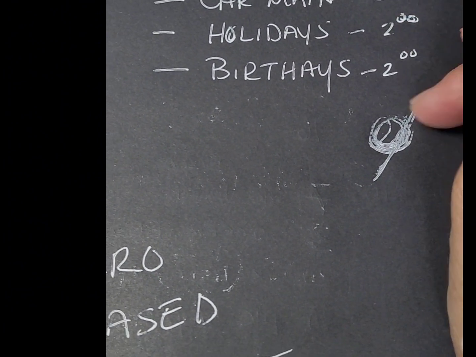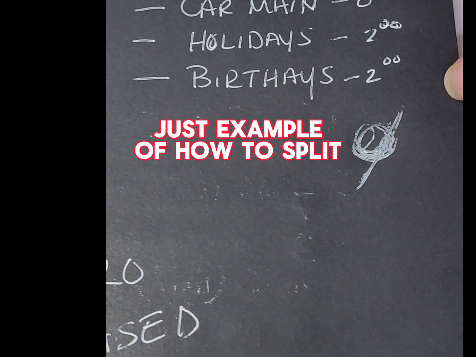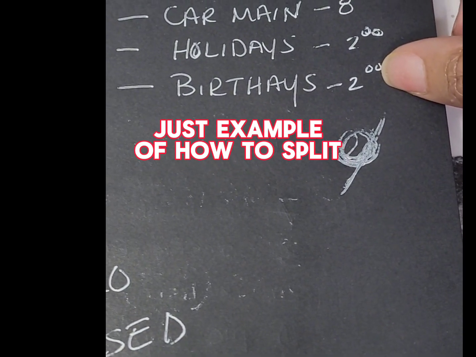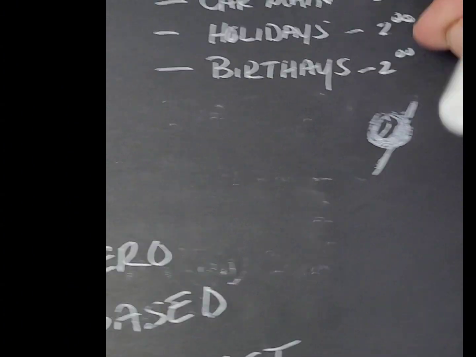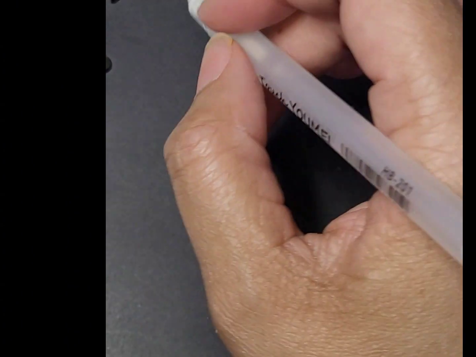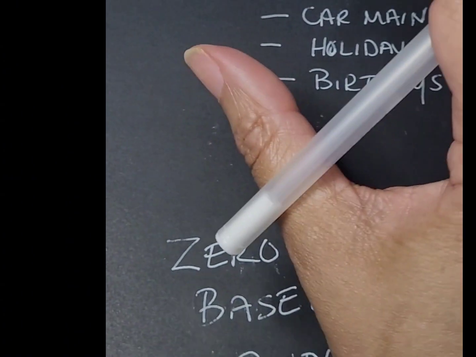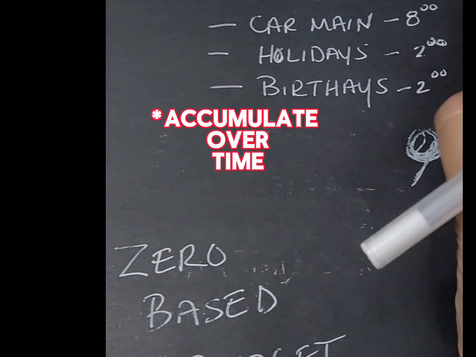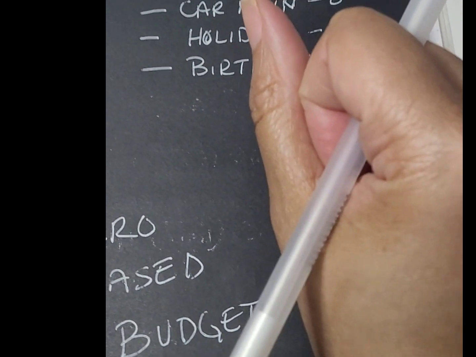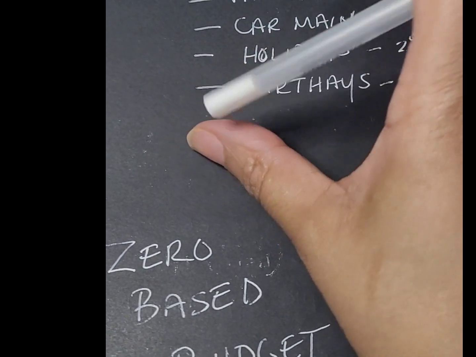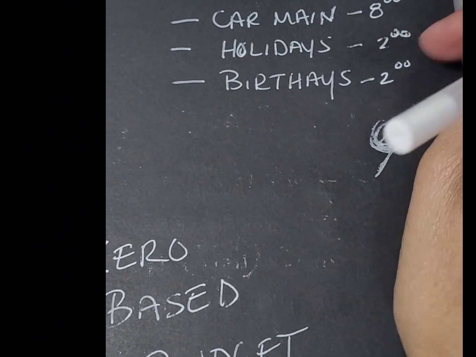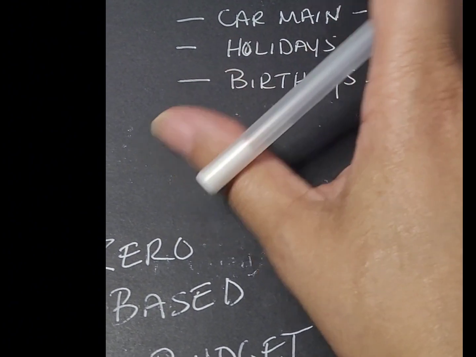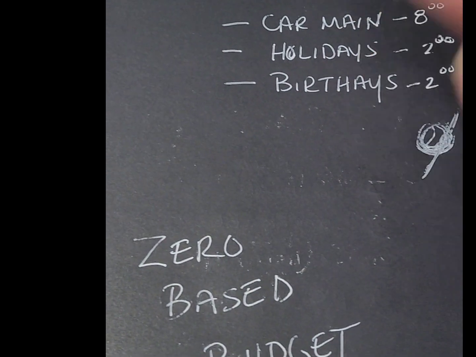So when we split up the $20, we split it up this way. You split up 8 for your vacations, 8 for the car maintenance, 2 for the holidays, and 2 for birthdays. Now you have to remember, sinking funds are funds that gather. You're not just going to have $8 for vacation, of course, but once you do this maybe 10 times, you'll have 80, 20, and 20, and then it'll start to gain momentum.